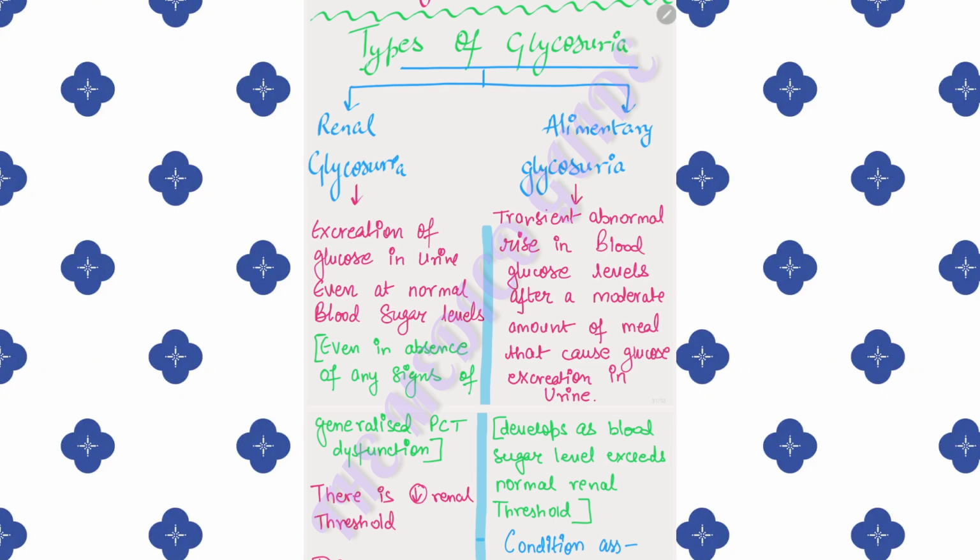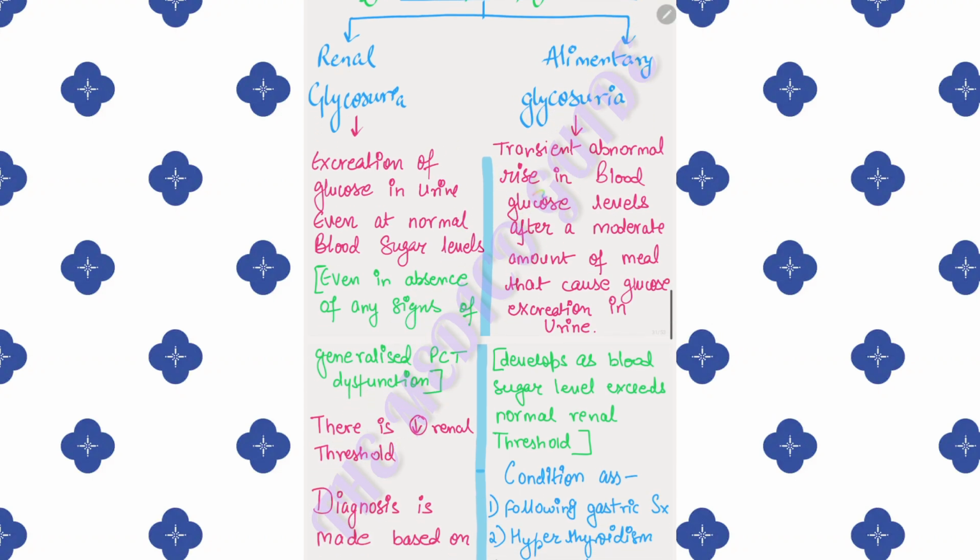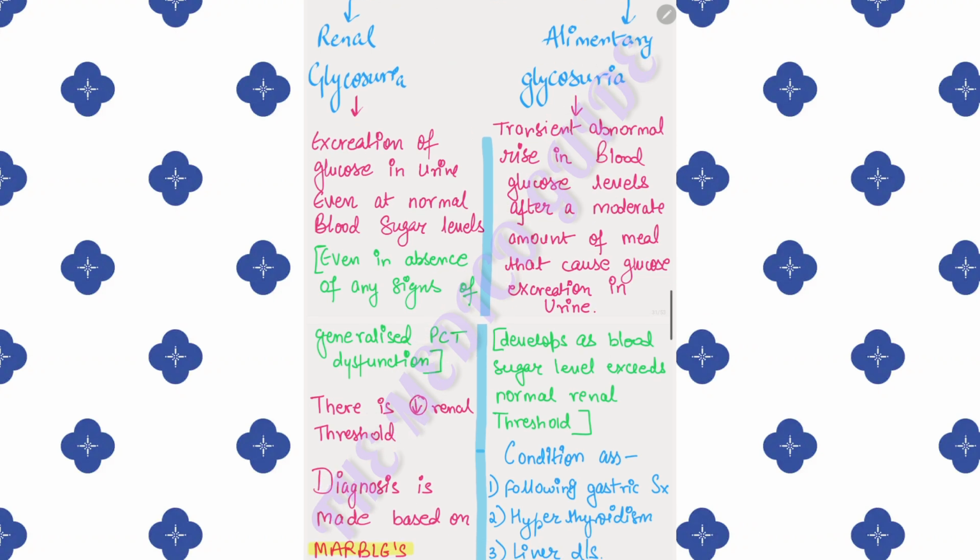Secondly, talking about alimentary glycosuria, there is a transient abnormal rise in blood glucose levels after even a moderate amount of meal, which can cause glucose excretion in the urine. Here in alimentary glycosuria, there is excess intake of food, of carbs and sugar, due to which there is a spike in blood glucose levels that causes abnormal excretion of glucose in the urine, known as glycosuria.